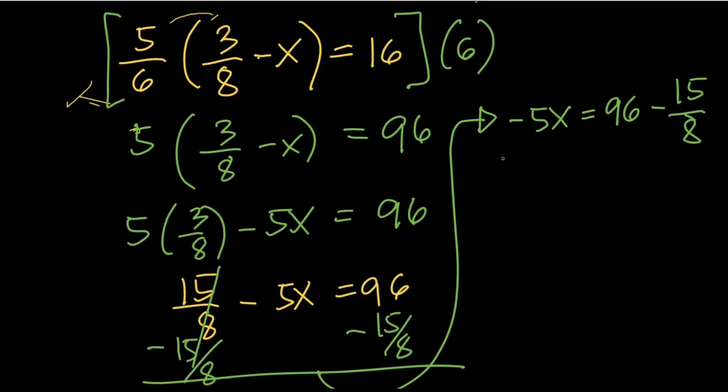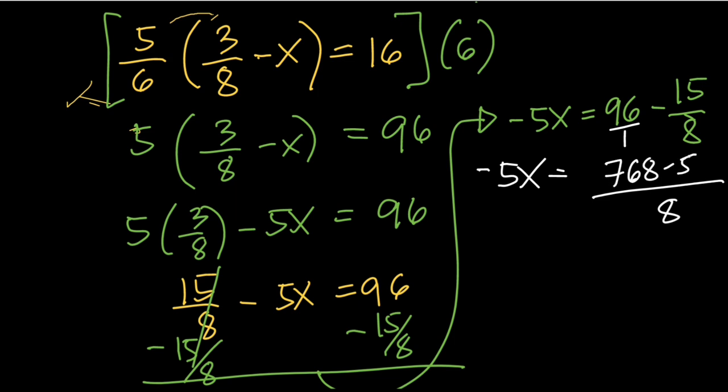So what is 96 minus 15 over 8? So LCD is 8. What is 8 times 96? Yeah, because this is over 1. 768 minus 5.